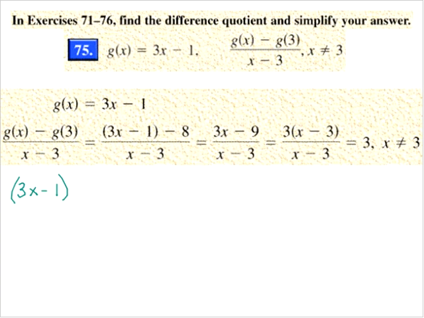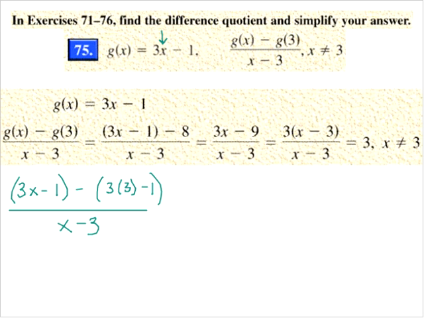Then I have minus g of 3. So anywhere I have an x, I'm going to plug in a 3. So here I have 3 times 3 minus 1, all over x minus 3. Notice that there's no g of x minus 3, so I don't need to do anything with the denominator.